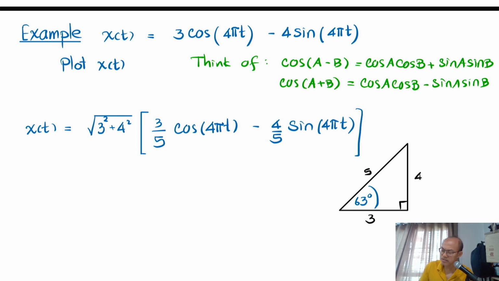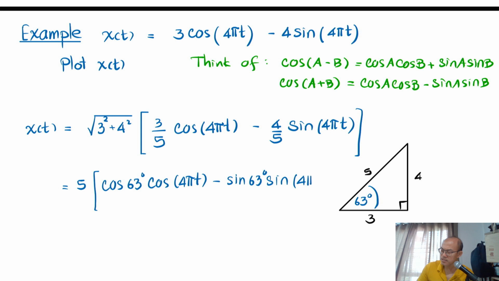Okay, so if you look at this triangle, you're gonna see 5 here, and the inside is cosine of 63 degrees cos 4 pi t, and minus sine of 63 degrees and sine of 4 pi t.